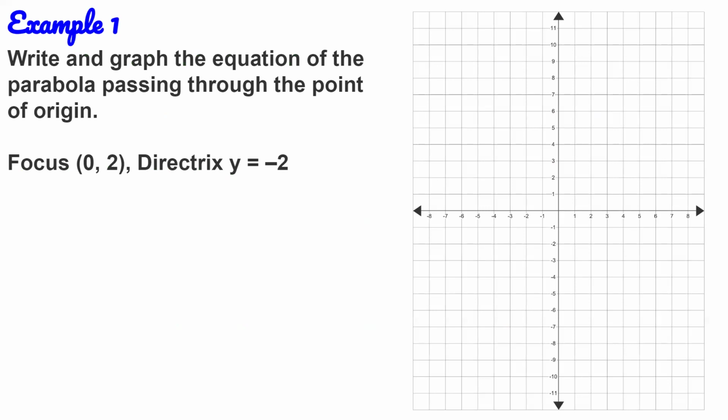So this one is asking us to write and graph the equation of the parabola passing through the point of origin with the focus at 0, 2 and the directrix at y equals -2. So focus at 0, 2. Directrix at y equals -2.